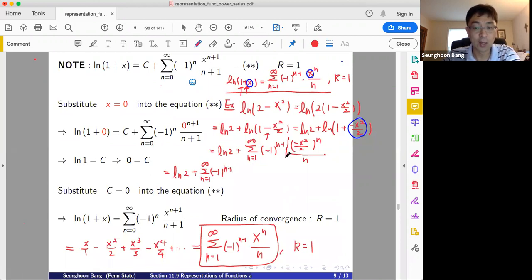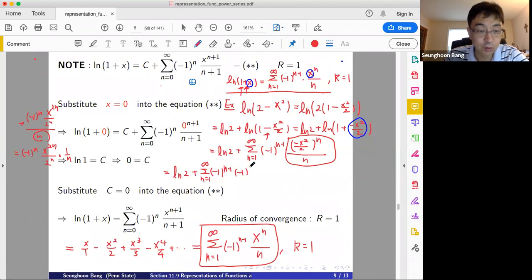Let me see, what is this part? I'm going to simplify here. We can distribute n, so minus 1 times minus 1 to the n gives negative 1 to the power n. The power n goes onto x squared, giving x to the 2n. The n goes down to 2 to the n over n. So this is the same as minus 1 to the power n, x to the 2n over 2 to the n, times the reciprocal with denominator 1 over n. And simplify. What's that?